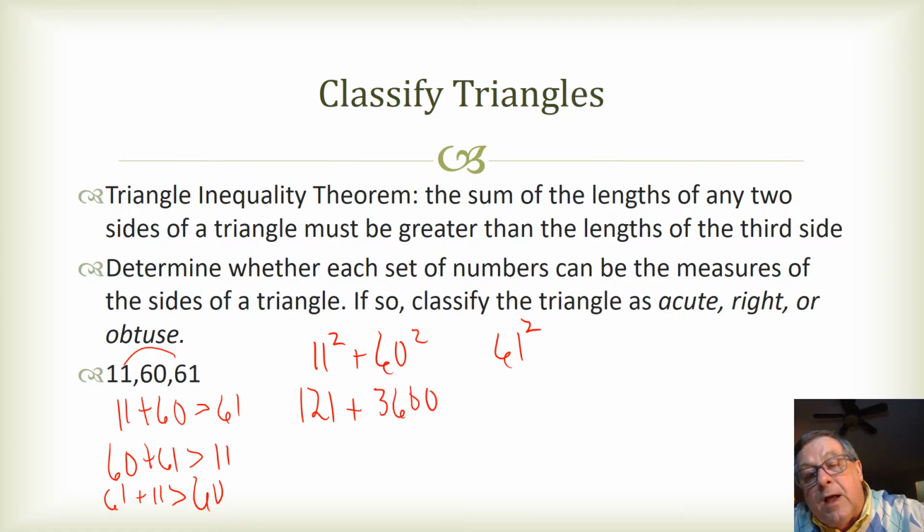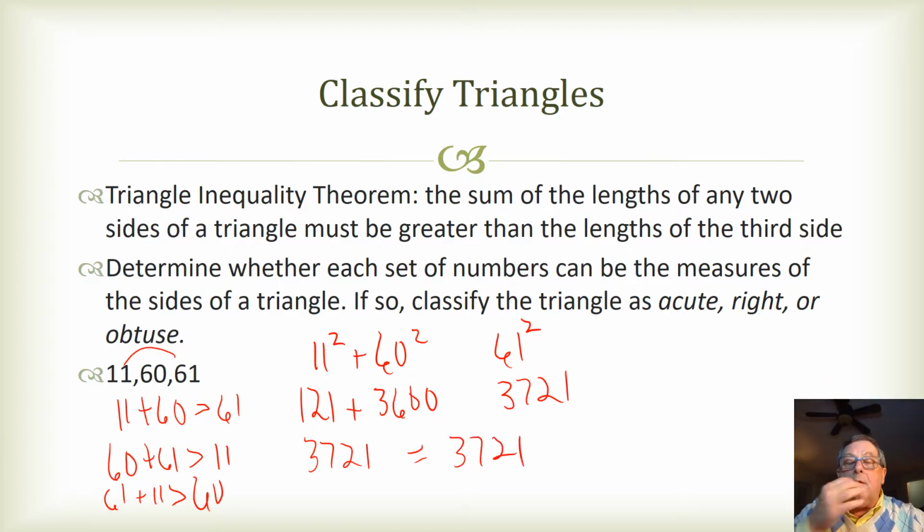I don't even need a calculator for these. But what about 61 squared? I'm not quite as sure about that. 61 squared is 3,721. All right, well, let's see. 121 plus 3,600 is 3,721. So that equals, so a squared plus b squared equals c squared.